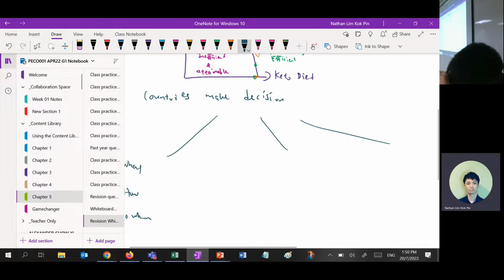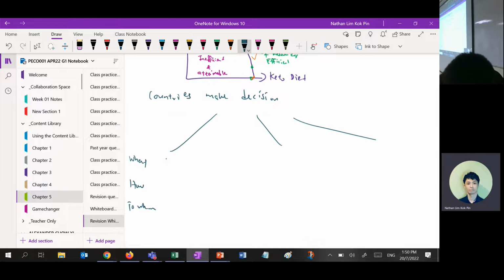So some countries choose to let the price mechanism decide. This is the market system. They choose to let demand and supply decide, the forces of demand and supply.